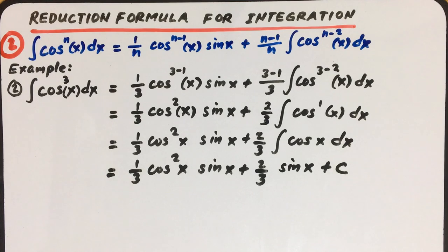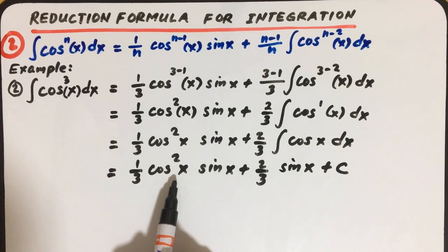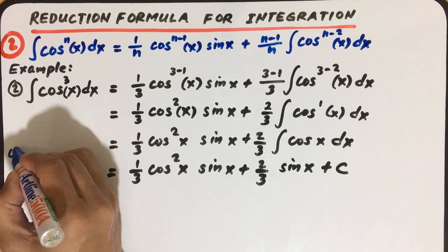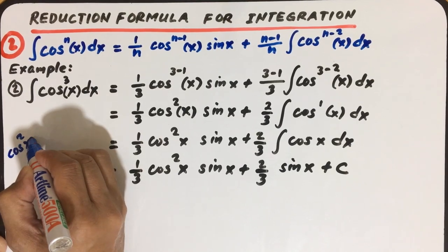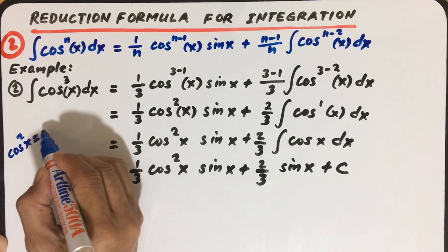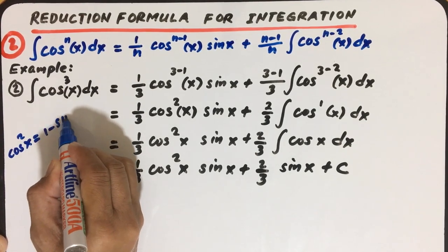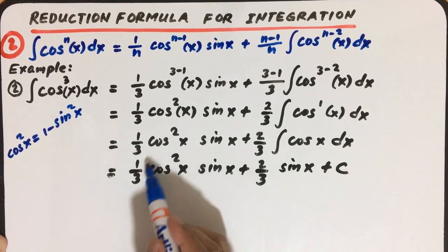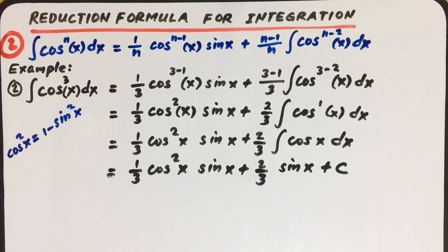Okay, but this can be our answer, but we can use the identity. We have the identity cosine squared x equal to 1 minus sine squared x. So we can replace this one here for cosine squared x.